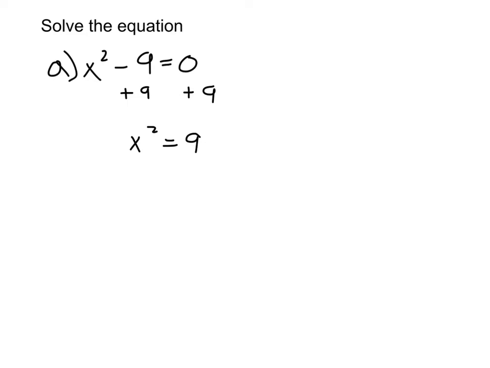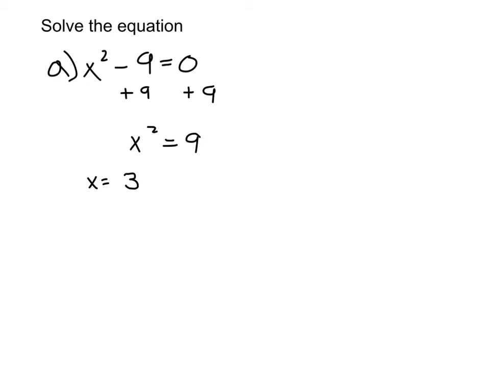Okay, so now the goal is I want to find what values of x would satisfy this equation, right? So if I were to take the square root of 9, what's the square root of 9? It's 3, right? So let's go ahead and write that. x equal to 3 is a valid answer.